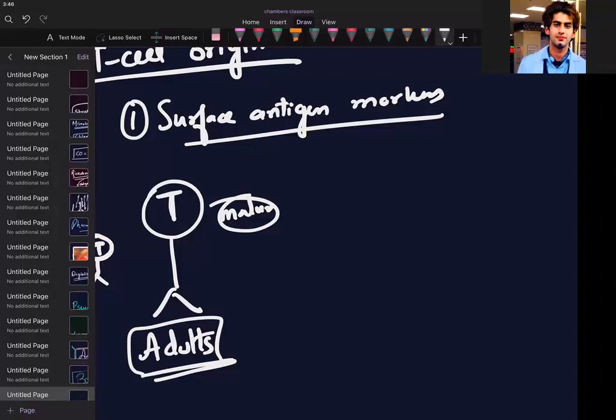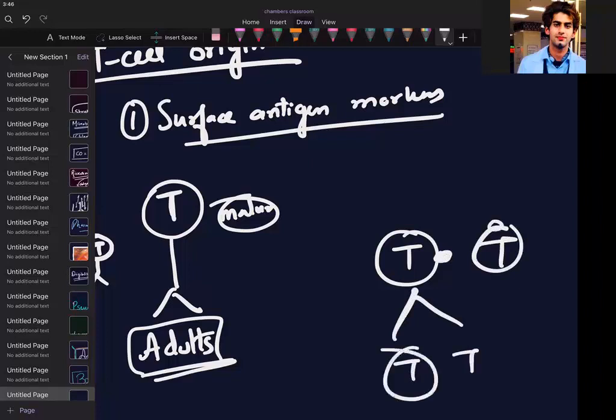Once a T cell is proliferating, the cells will be sharing surface markers in common. If this T cell gave birth to these T cells, then definitely they should have the DNA of my father and mother. Same way we are using the surface antigen like we were using the B antigen.